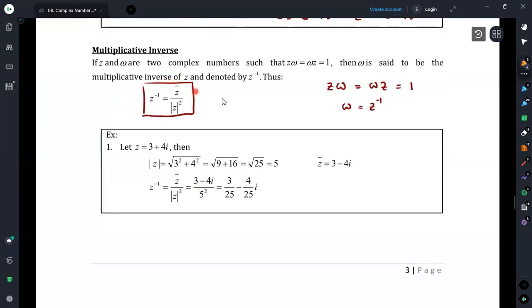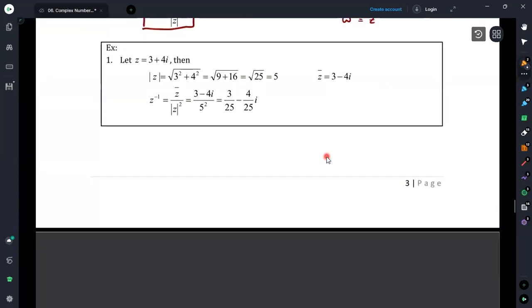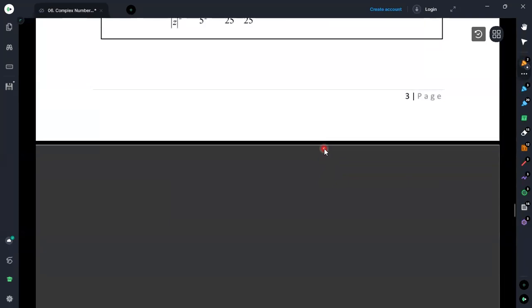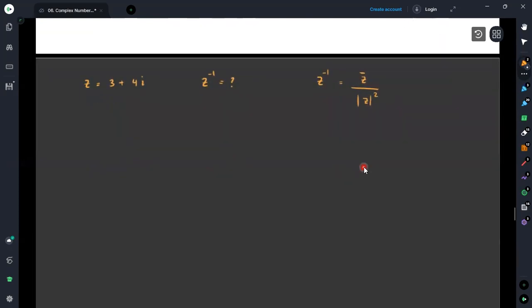Here z is given as 3 plus 4i, and we are asked to find the multiplicative inverse of z.